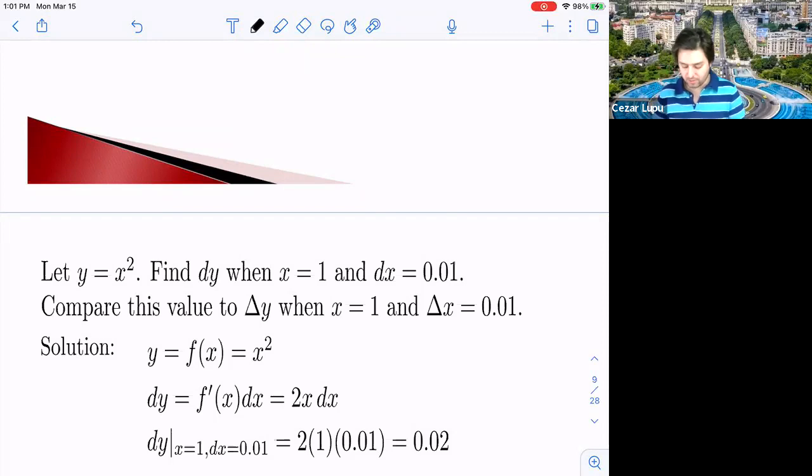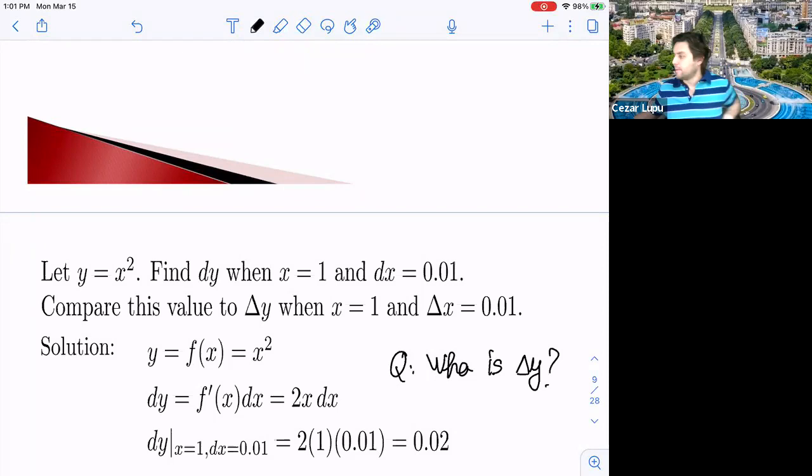What did we say about delta y? So the big question here is, who is delta y? How do we evaluate this guy? What do you think?